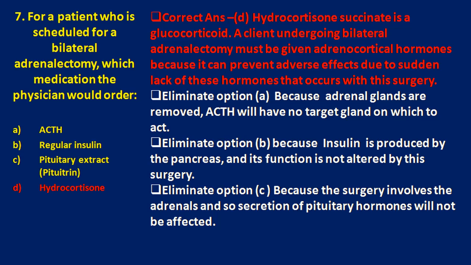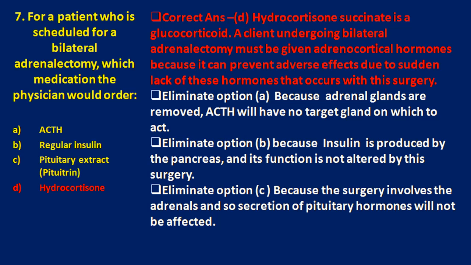Option B can be eliminated because insulin is produced by pancreas and its function is not altered by this adrenal surgery. Option C can be eliminated because the surgery involves adrenals and so secretion of pituitary hormones will not be affected. So correct answer is option D, hydrocortisone.